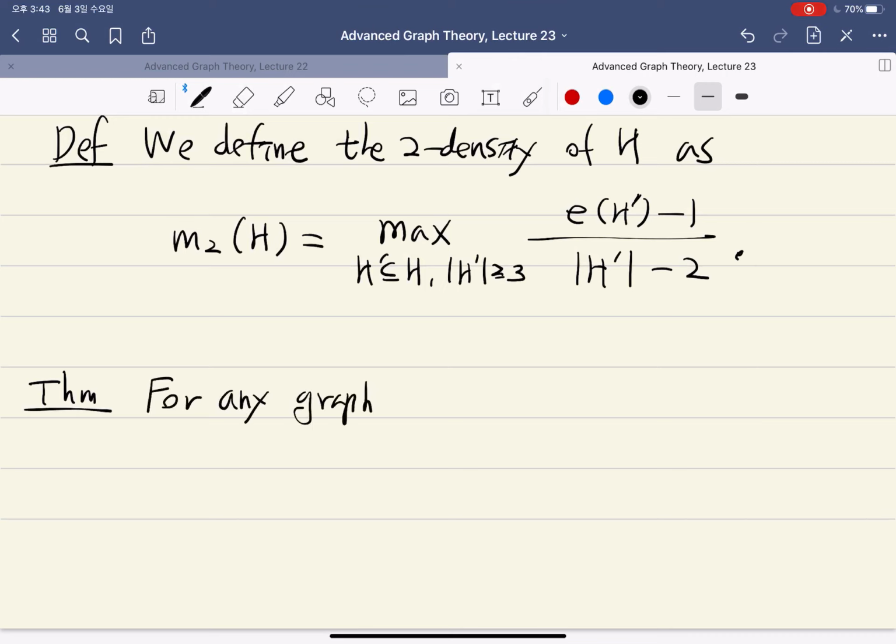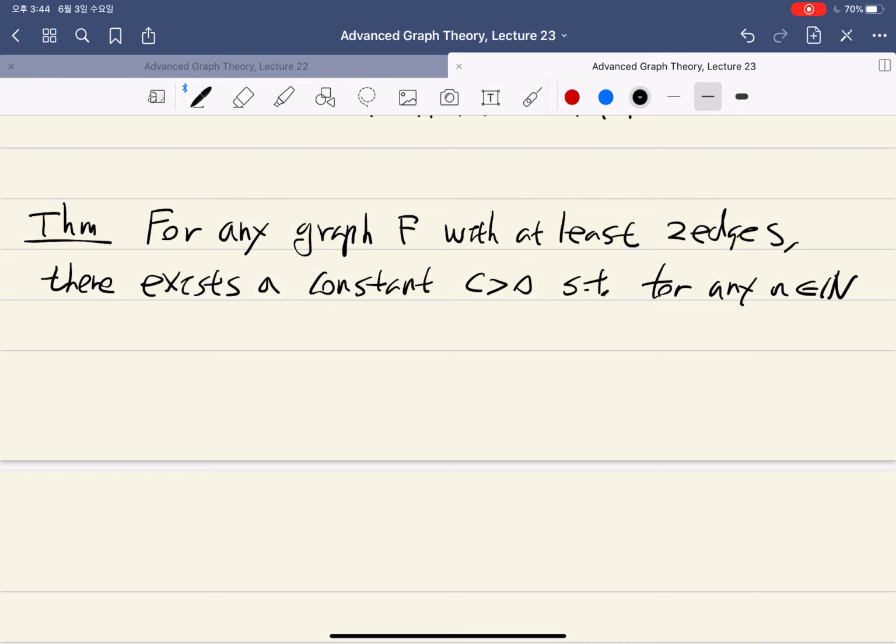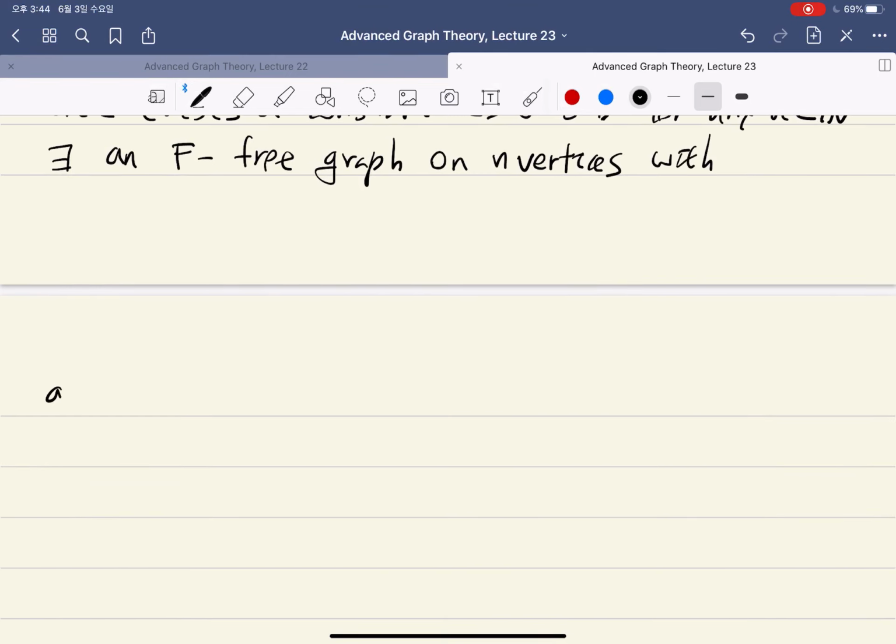For any graph F with at least 2 edges, there exists a constant C such that for any n there exists an F-free graph, which contains no copy of F, on n vertices with at least C times n to the 2 minus 2-density of F edges.